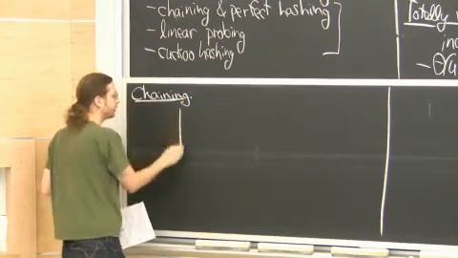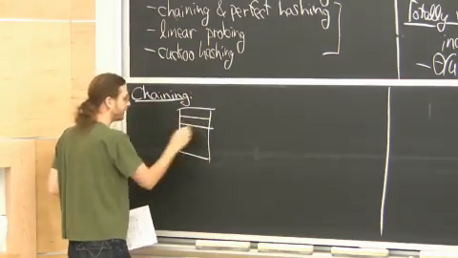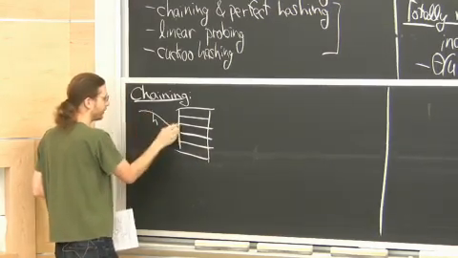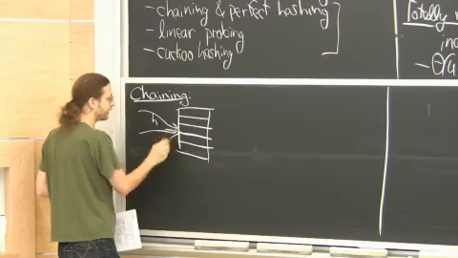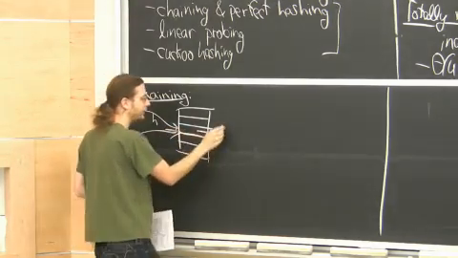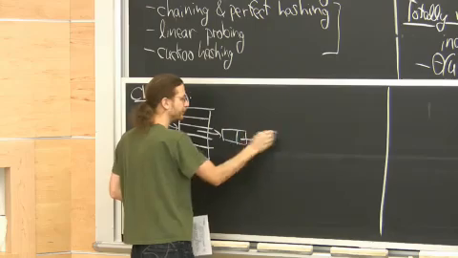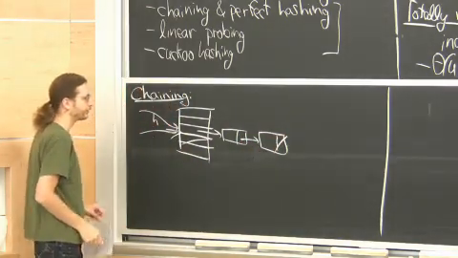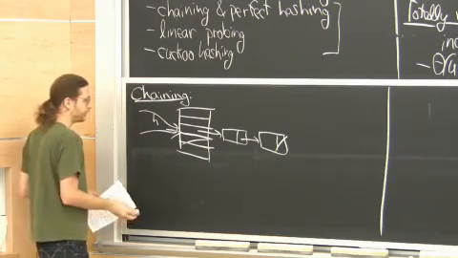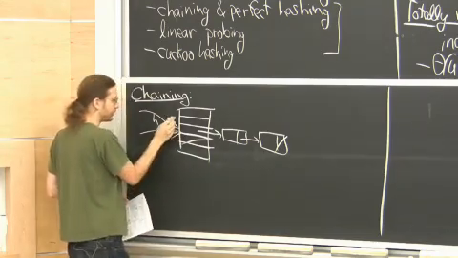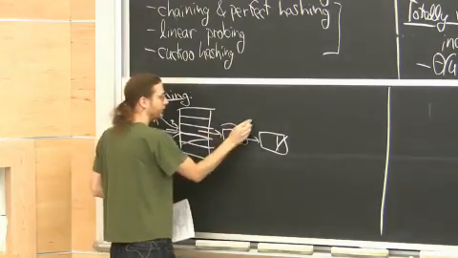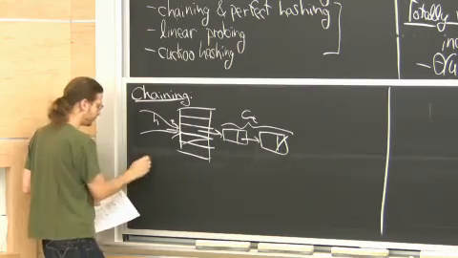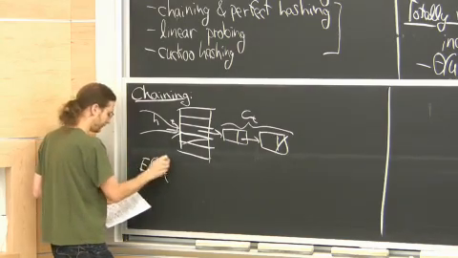Okay, chaining. This is the first kind of hashing you usually see. You have your hash function, which is mapping keys into slots. If you have 2 keys that go to the same slot, you store them as a linked list. If you don't have anything in the slot, it's blank. So this is very easy. If you look at a particular slot T and call the length of the chain that you get there C_T, you can look at the expected length of that chain.